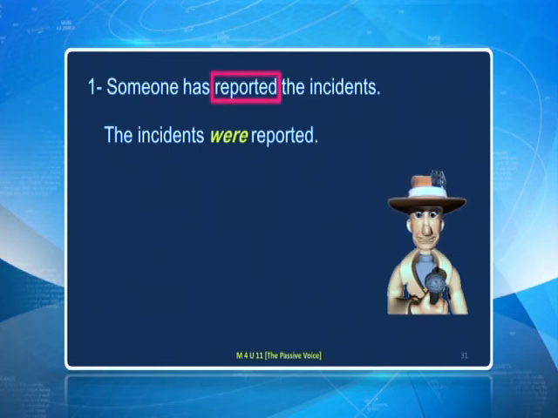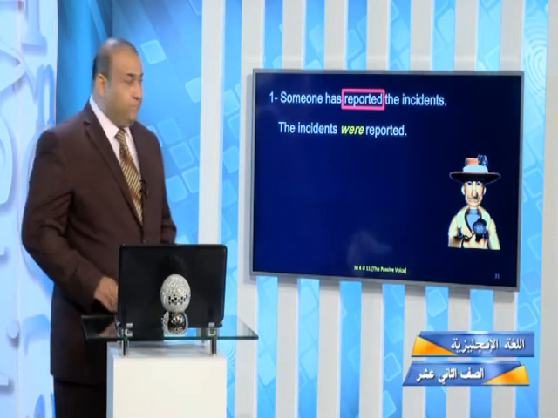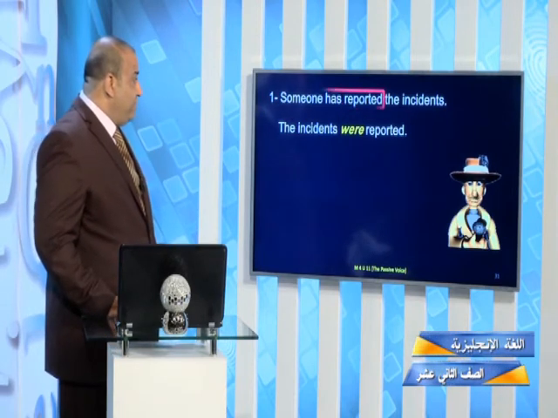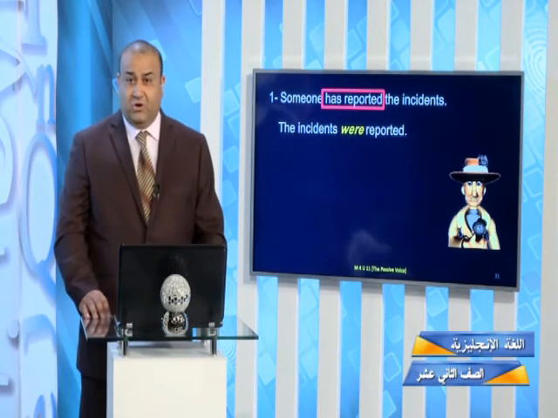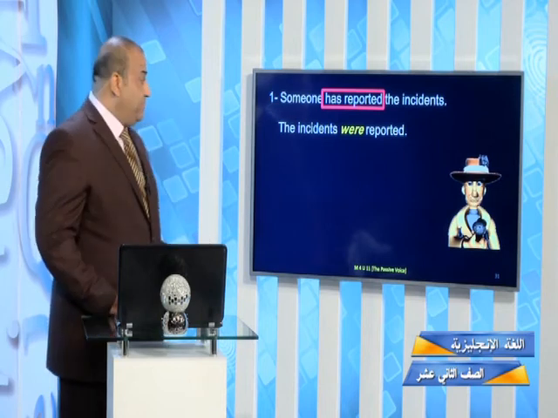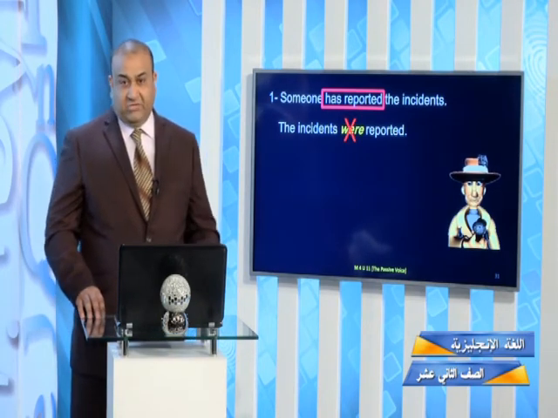The verb holds ed, which means that it can be the past simple of the verb to report, or it could be a verbal, the past participle of the verb to report. Putting in mind that our main verb is has reported, so here we are in front of present perfect. It's not the simple past, and this way your answer is not correct.